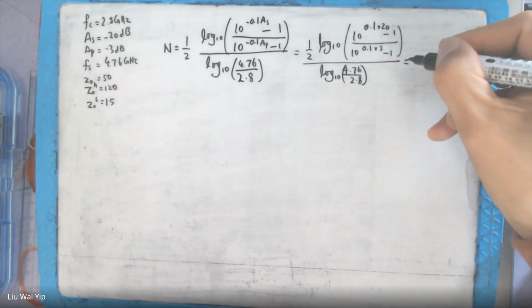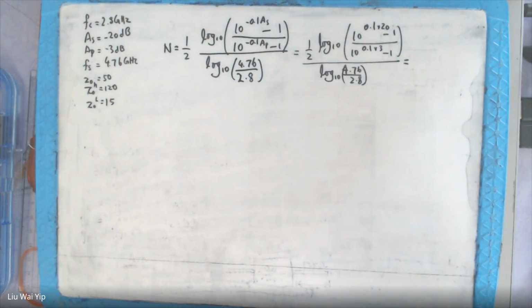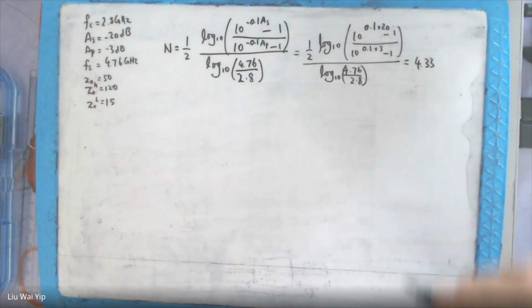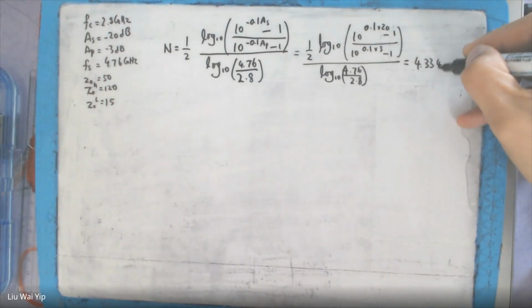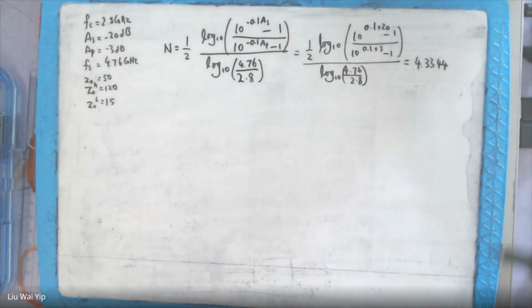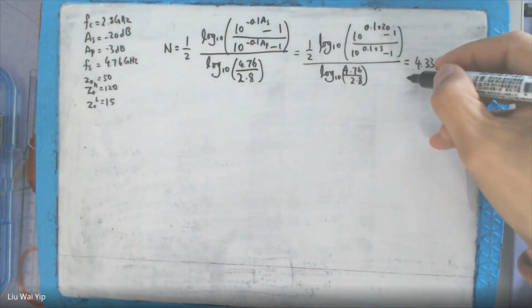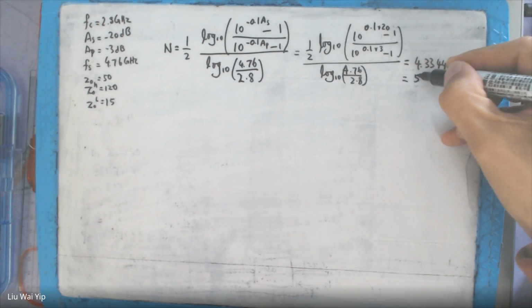So if you do it very carefully, you will get the value 4.3344. Of course, the order should be an integer, so you might just assume it is equal to 5.